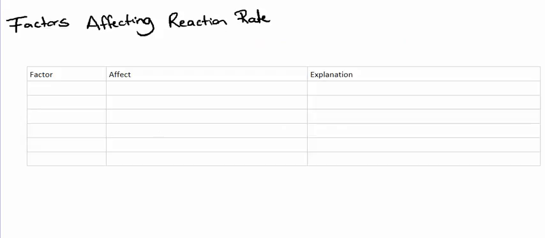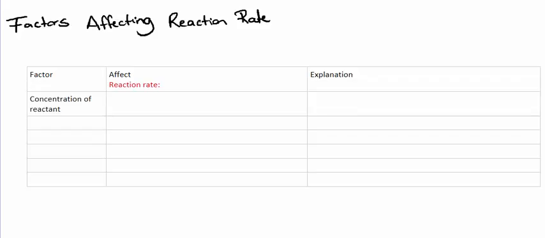Now we're just going to have a look at the effect that different factors have on reaction rate and the reason it has that effect. Firstly, we're going to consider the concentration of a reactant. And the reaction rate increases as the concentration of a reactant increases.